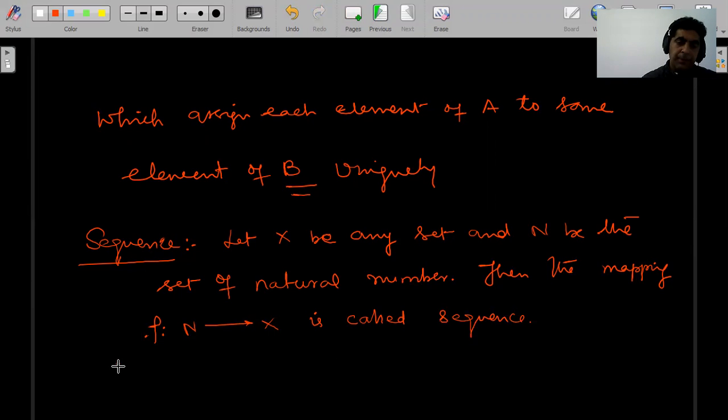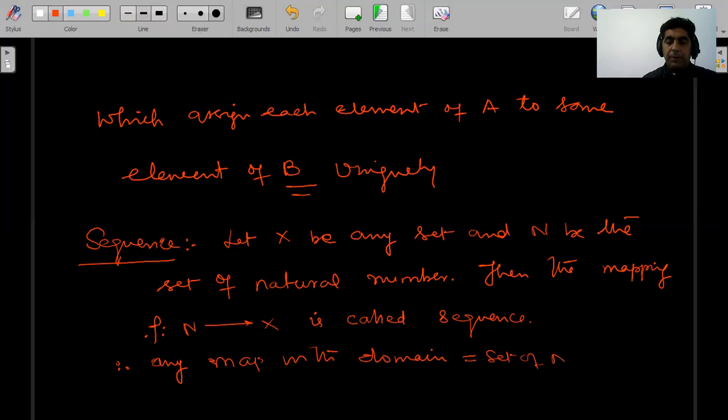So therefore any map with domain equal to the set of natural numbers is called a sequence.